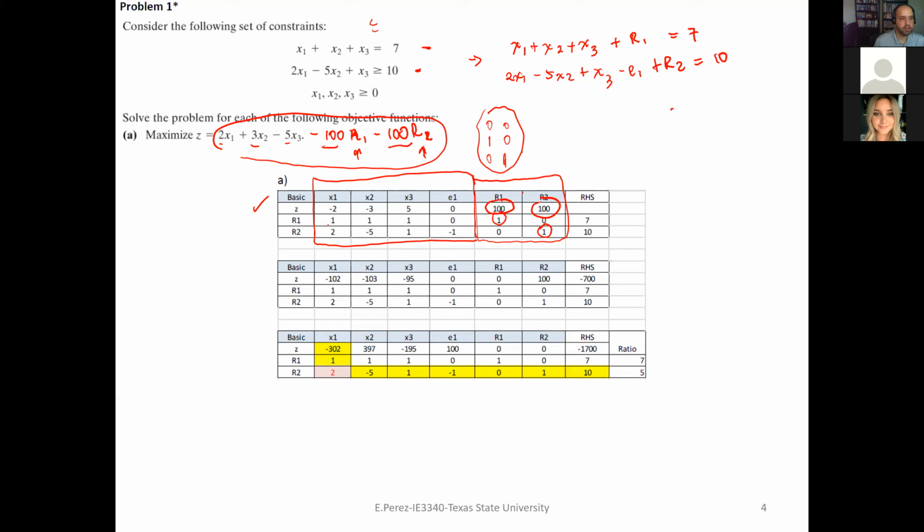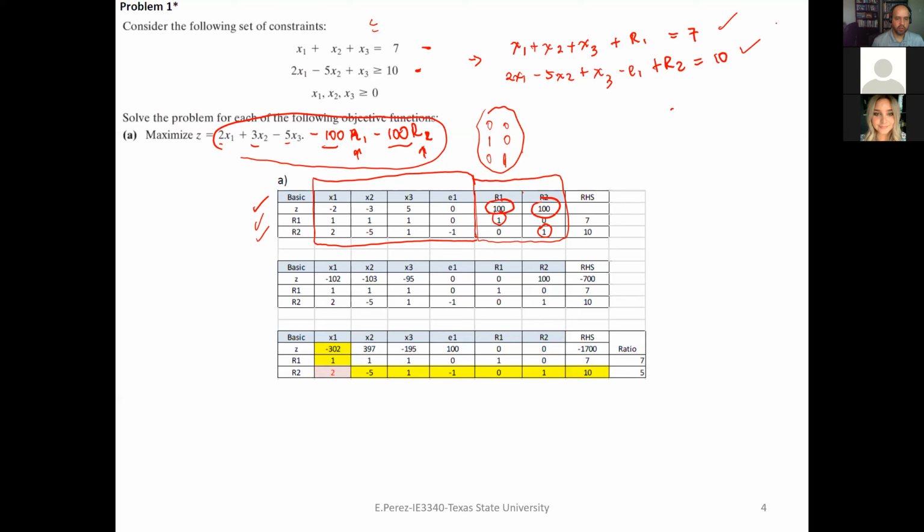When you put that into the first row, row 0, you know that you have to change the sign because you're moving them to the left side of the equation. So 2 becomes -2, 3 becomes -3, 5 becomes -5, and then -100 becomes 100, and -100 also becomes positive 100. Then the coefficients of row 1 and row 2 are the coefficients from these two constraints.